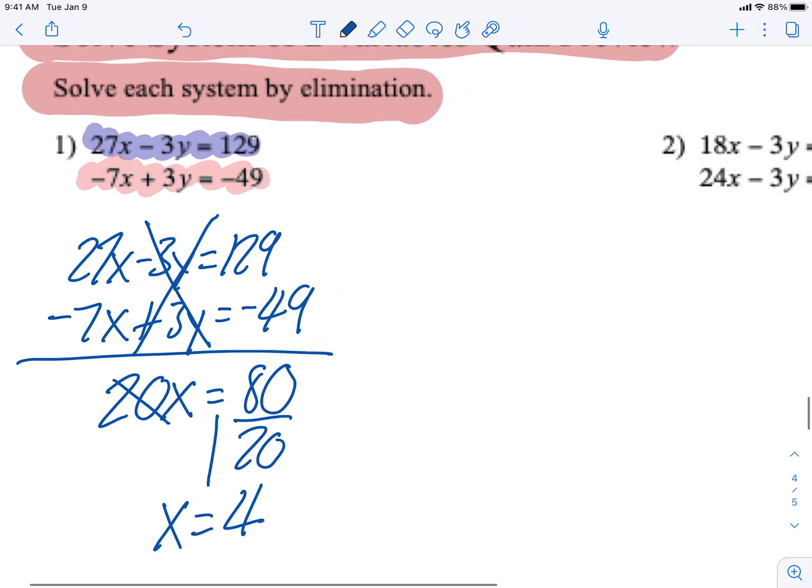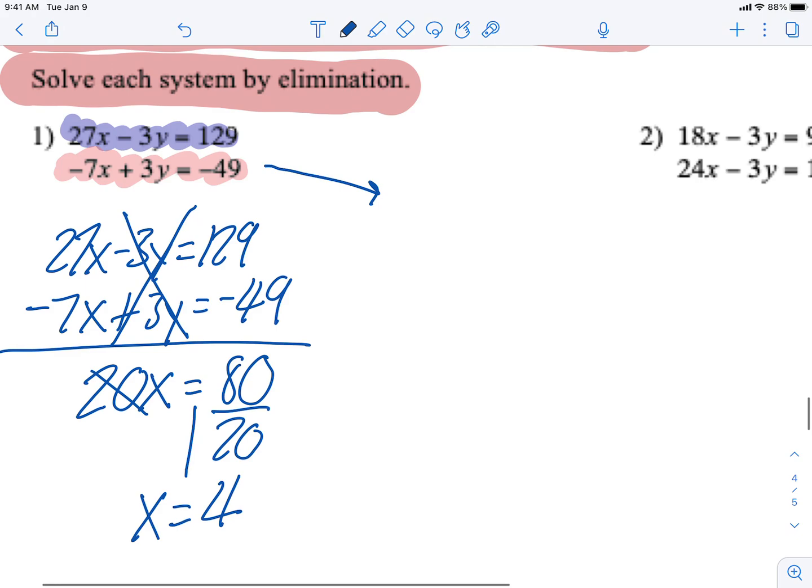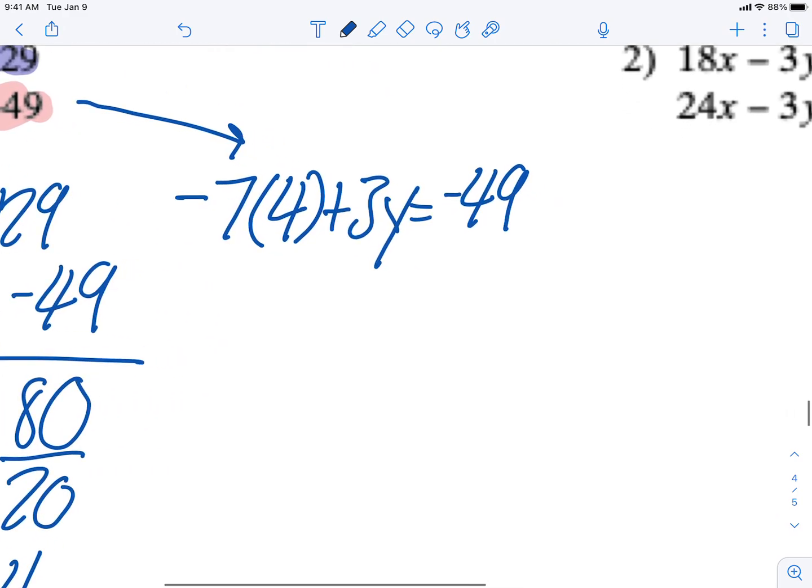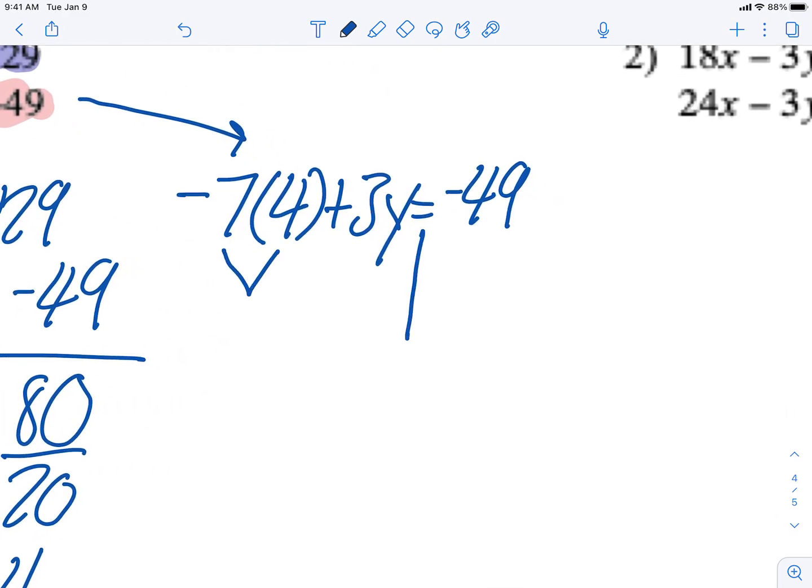Right? I'm going to copy this second equation here, and I'm going to say negative 7, but instead of x, I'm going to put a parentheses 4 because I know what x is. X is equal to 4. Plus 3y is equal to negative 49. So negative 7 times 4 is negative 28, but I'm immediately going to cross it out and bring that over as positive 28.